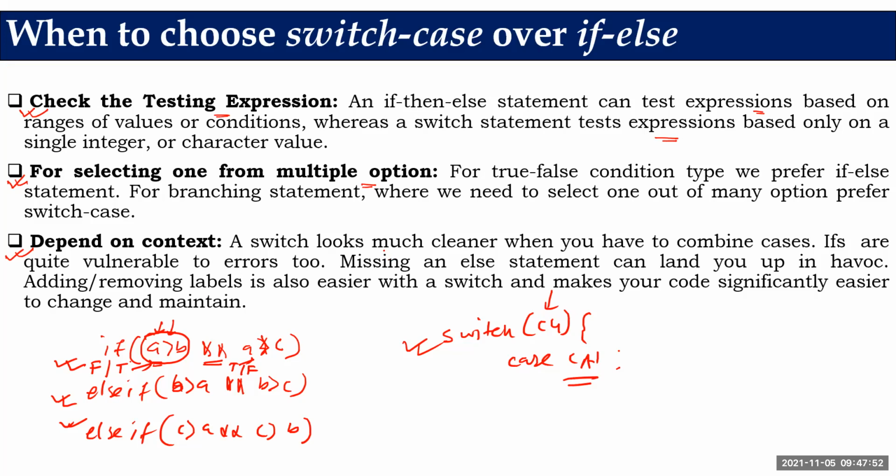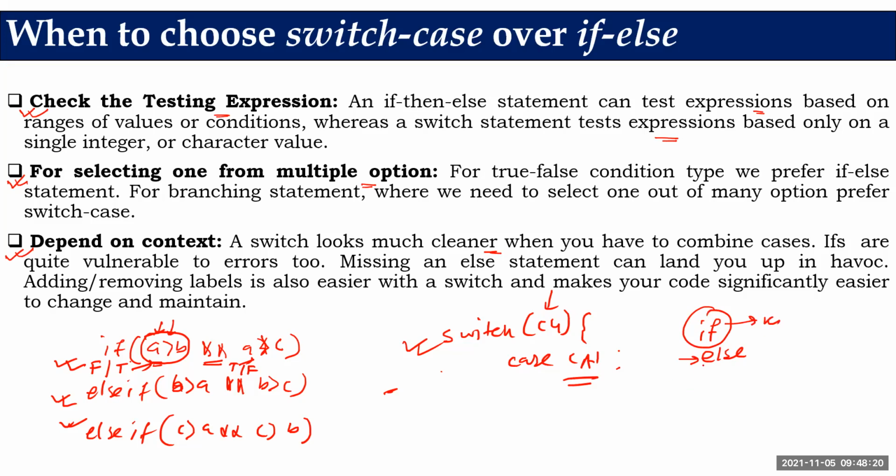So switch looks much cleaner when you have to combine cases, correct? Not matched, go further. Not matched, go further. But on the other side, if you remember the if-else statement, the most important point is we cannot write an else statement without if. If we forget the else, then what will happen? Only the true case is handled, the false case is not handled.